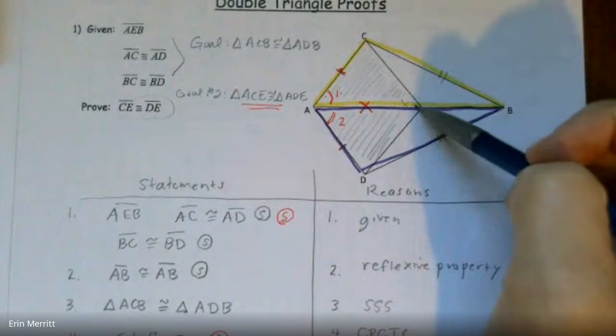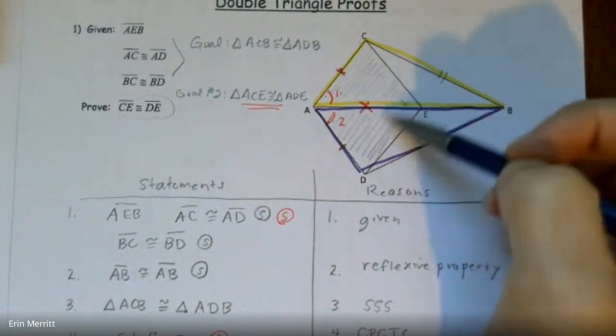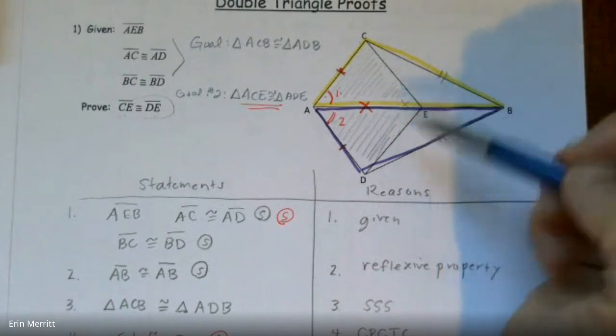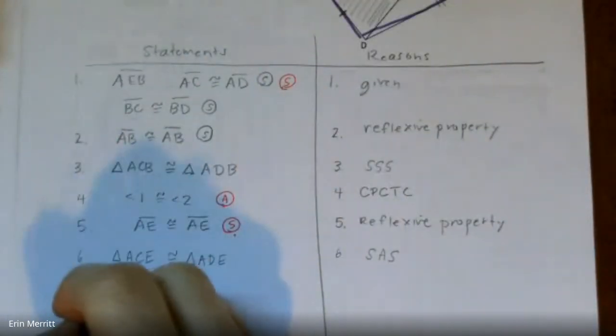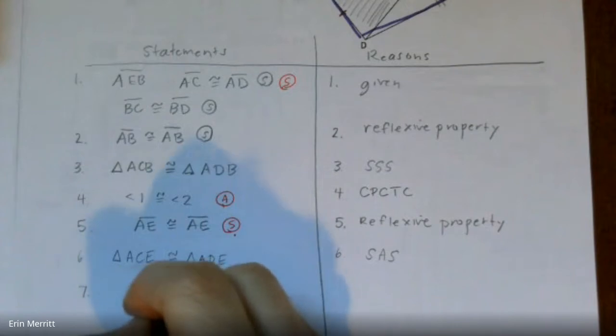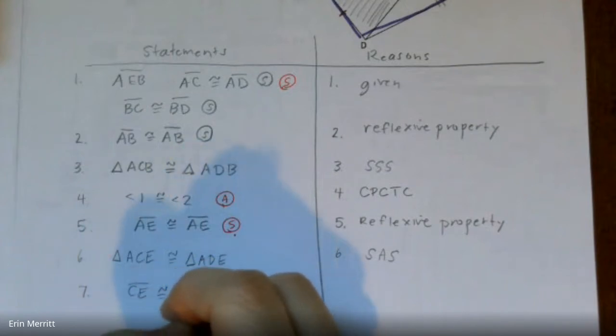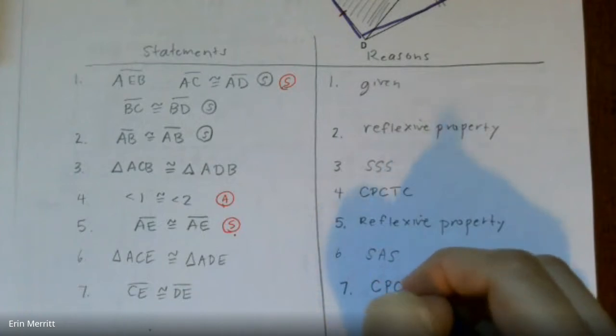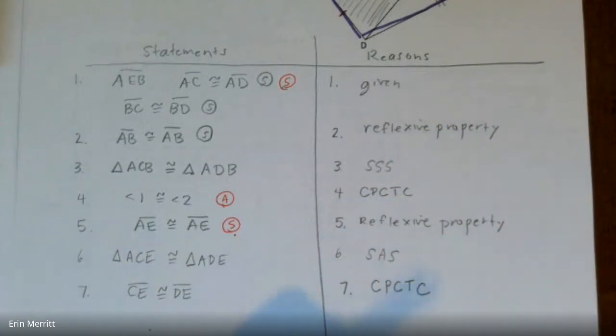Well, CE and DE are parts of that second pair of triangles that we prove congruent. So now we're allowed to say in step 7 that CE is congruent to DE. And our reason, again, is corresponding parts of congruent triangles are congruent.